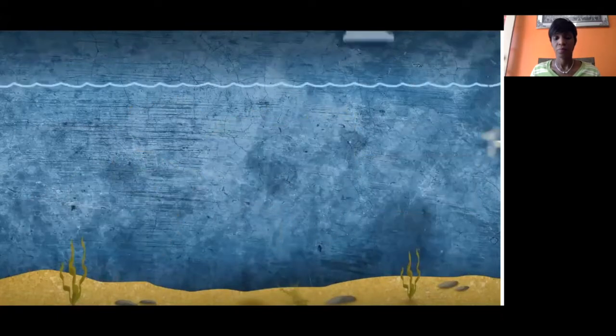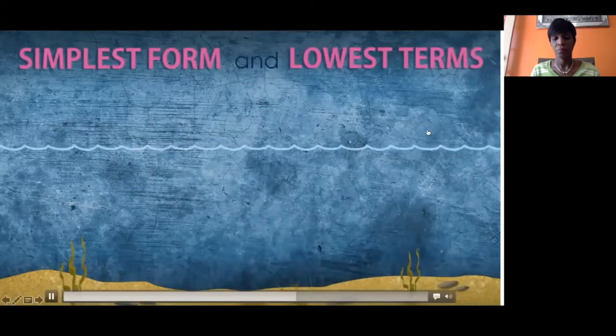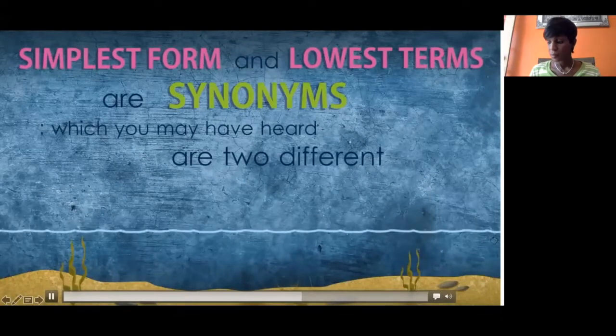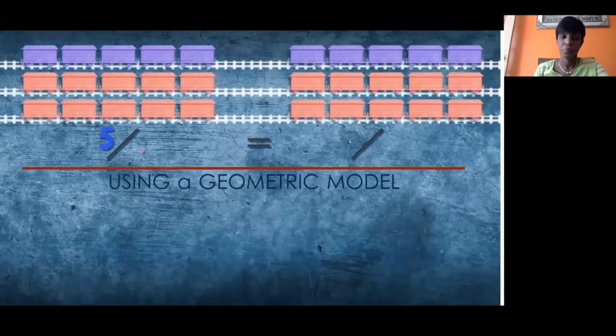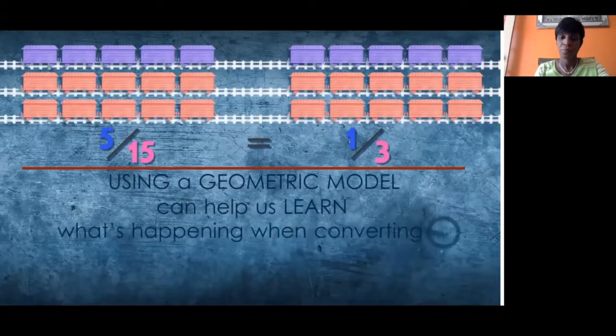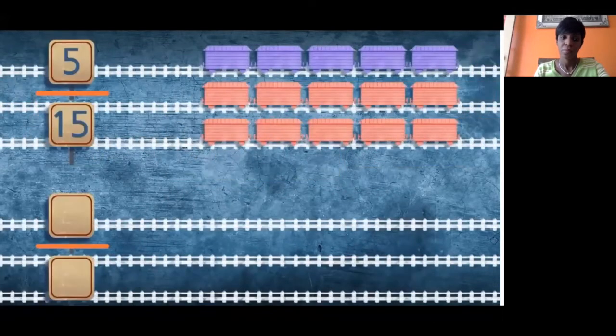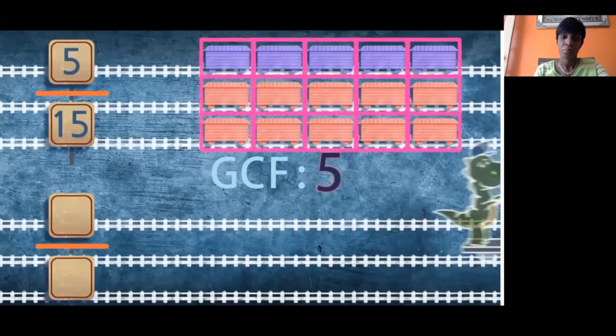Check it out now, simplest form and lowest terms are synonyms which you may have heard are two different phrases or words. These definitions are uniform. Using a geometric model can help us learn what's happening when converting simplest form. A rectangle shows 5/15. The GCF is 5, which means no greater number can divide both 15 and 5.